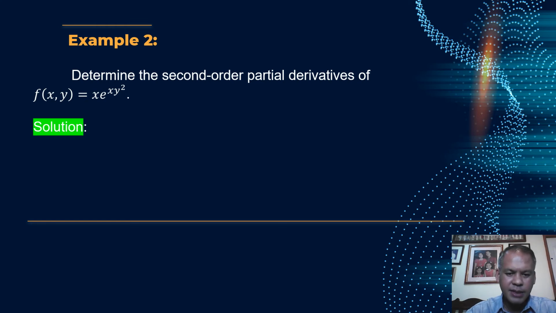Then plus copy e raised to xy squared times the derivative of x, which is 1. As we can see, we have a common factor of e raised to xy squared. So we can rewrite and simplify this as e raised to xy squared times the quantity xy squared plus 1. So that is now our first derivative with respect to x.